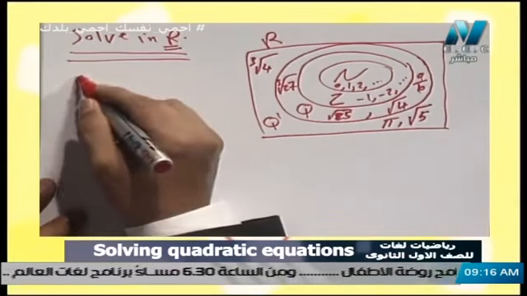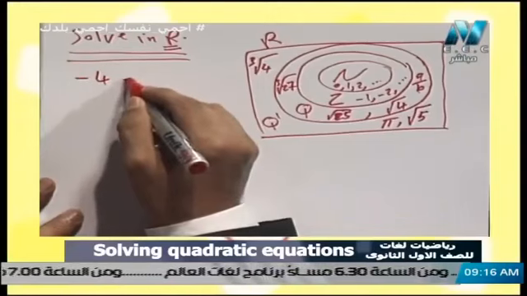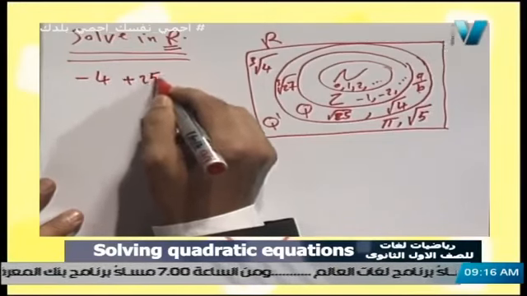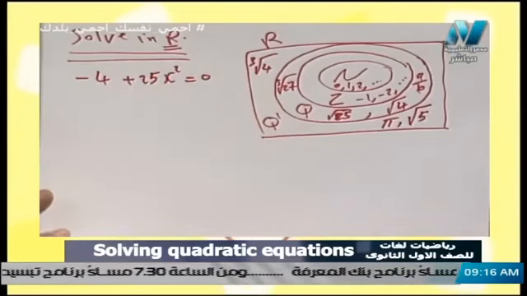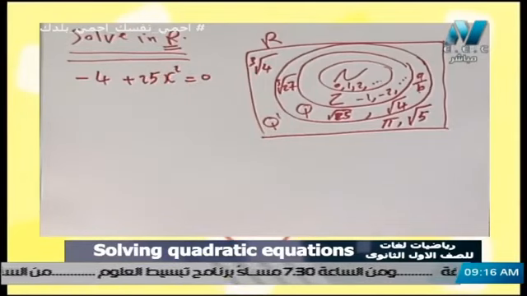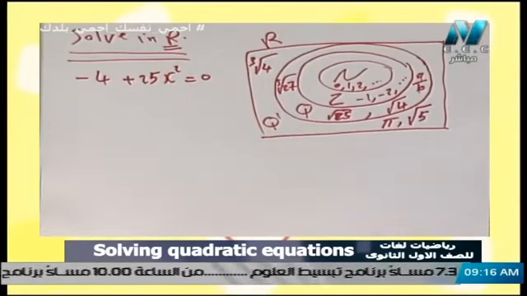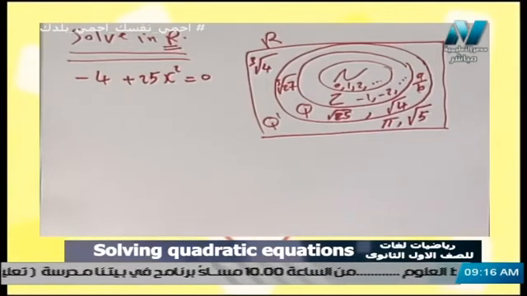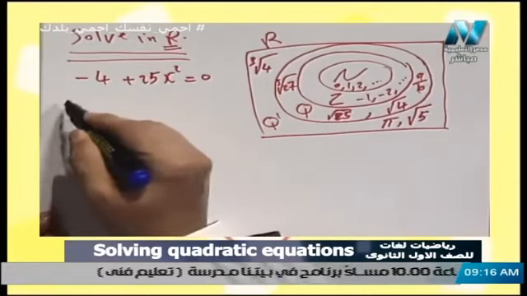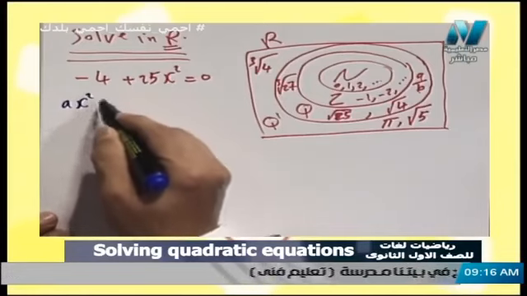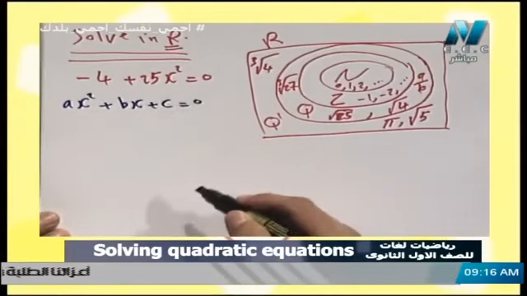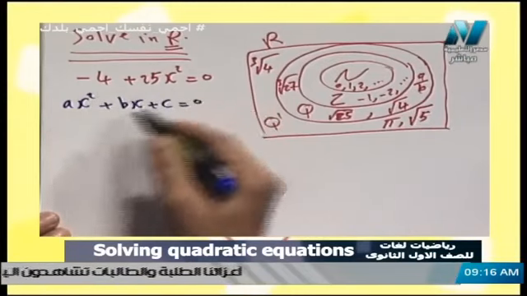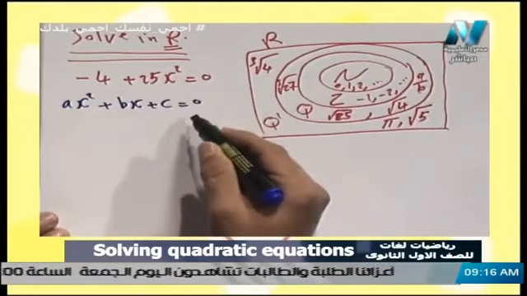Solve in R: -4 plus 25x power 2 equals 0. Someone may say that this equation is a strange one, because the quadratic equation has the form ax power 2 plus bx plus c equals 0, but this one doesn't have the same form.